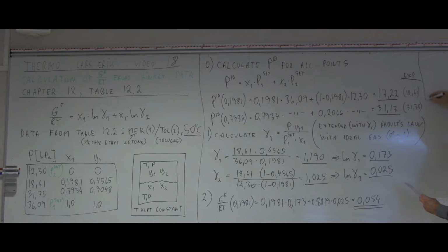Then I go on with an example of a G excess model, or an activity model.